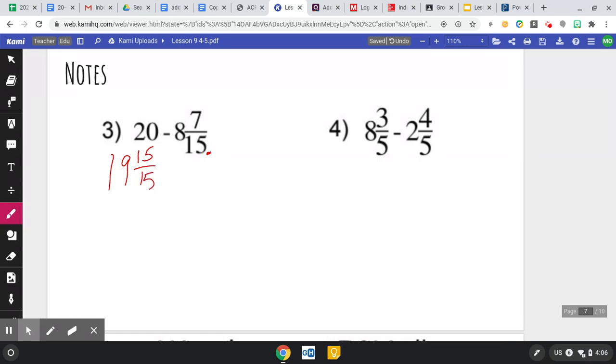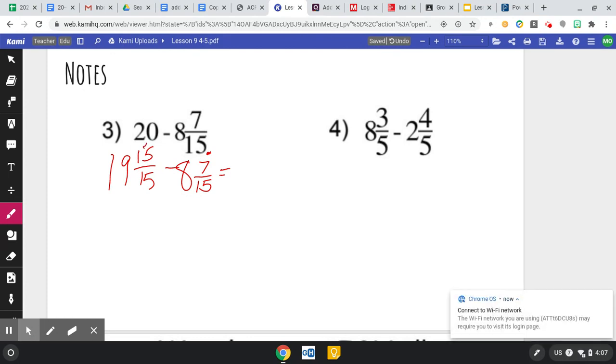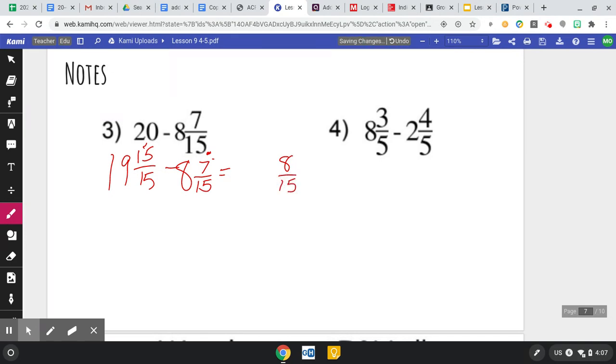That's the same thing as 20 because that's 19 plus 1. Now I can subtract with my 8 and 7/15. If I subtract 15 minus 7, that gives me 8 over 15. And 19 minus 8 is 11. Now that is in simplest form, so we have nothing else left to do.